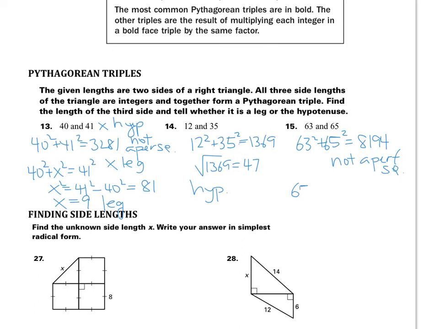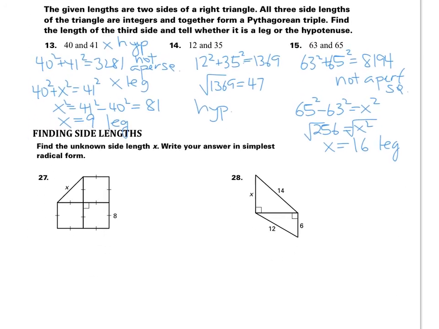Then the longest piece would be the hypotenuse minus the leg. That gives me the other leg. And you take the square root of that. And you state that it's a leg.